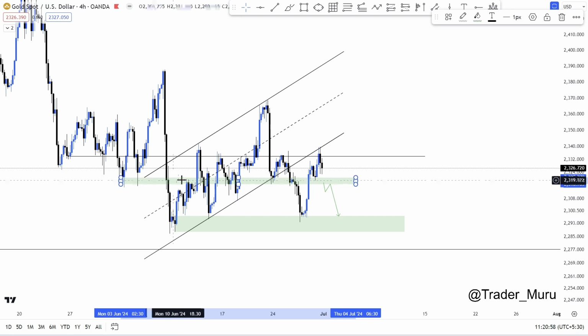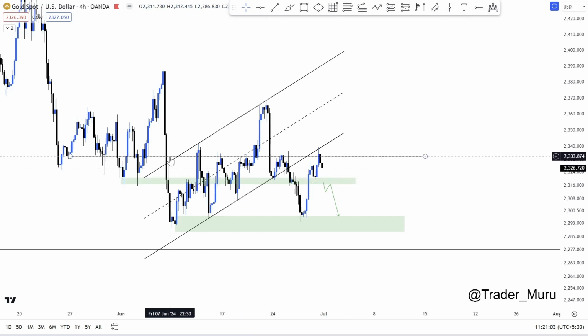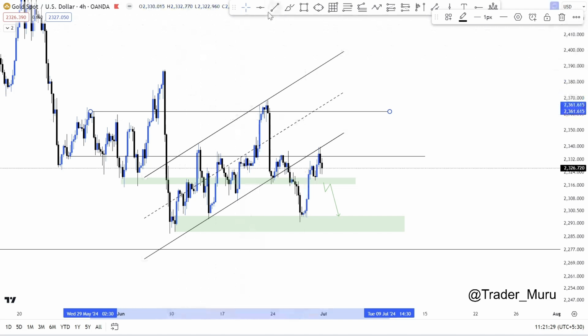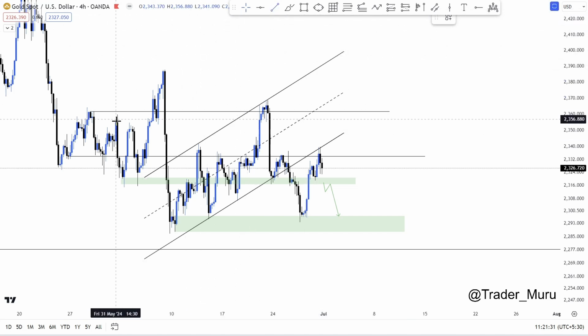So we need to watch this support area for the break and retest for downside. If this area holds and gold keeps continuing its consolidation right here, and breaks above this high, we can expect a tap at the 2361 to 2357 area.